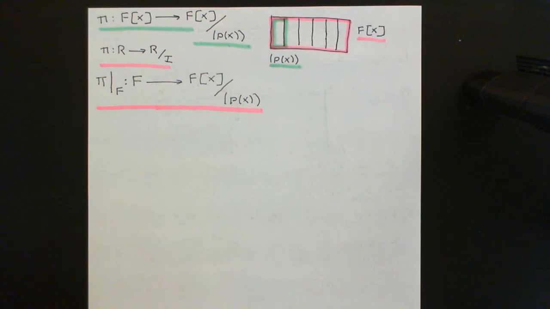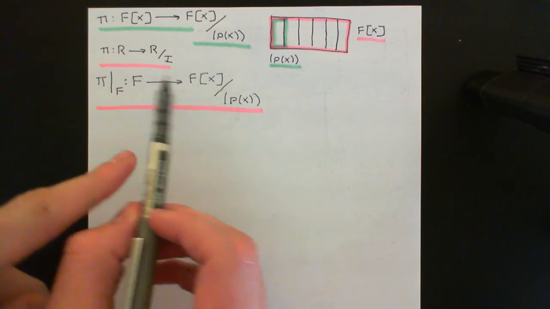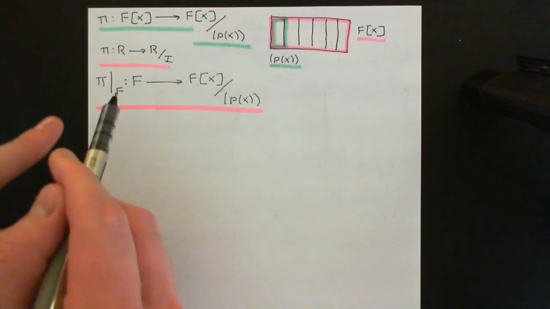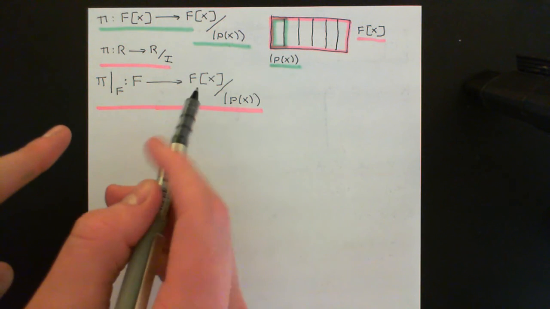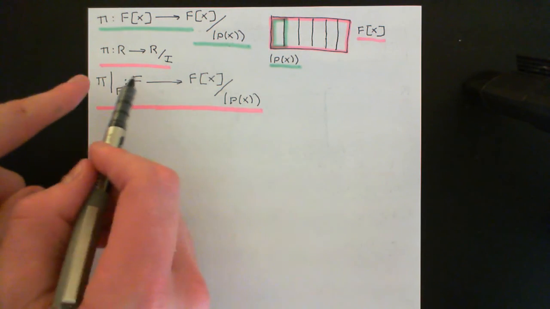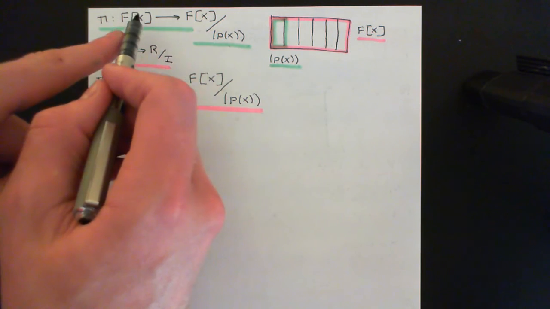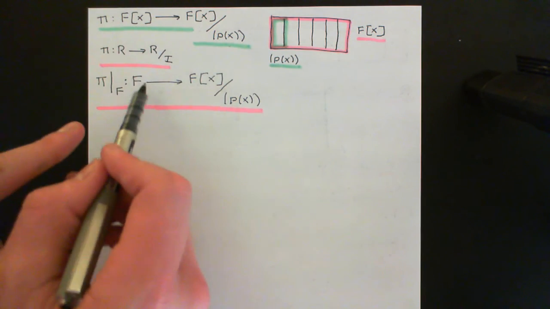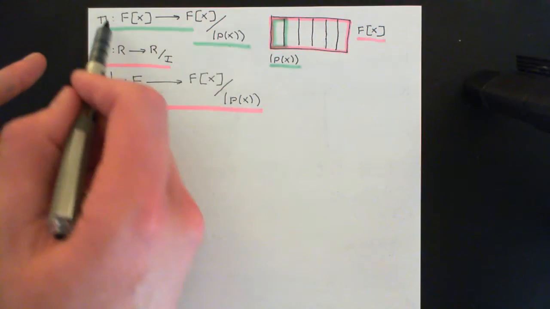Now, why is it still a ring homomorphism? Well, because addition is still going to be compatible between the two. Multiplication is also going to be compatible, because think about it, if addition and multiplication were not compatible here, then they wouldn't have been compatible over there, because this is just a sub-portion of the domain of this map up here.